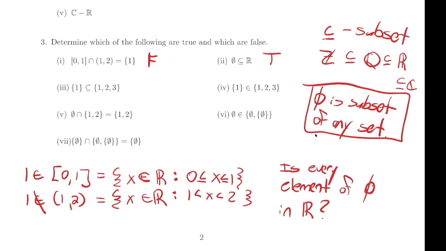Do you guys like the polls better because they're anonymous? Okay, so some people are giving thumbs up. Here what we'd like to check is, is every element of this set inside of here? There's only one element in that set, which is 1. 1 does occur in this set, so this one would be true.